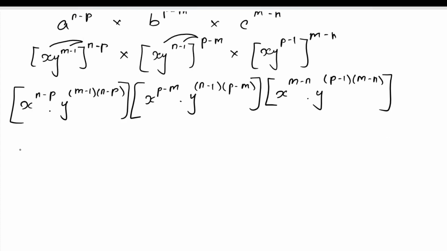So now this will be x to the power n minus p into, here I'm multiplying this inside the brackets. So I'll get y to the power m into n is mn, then minus m into minus p is minus mp, then minus 1 into n is minus n, then plus minus 1 into minus p is plus p.